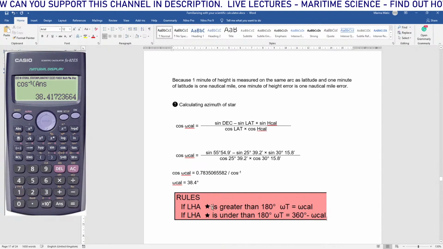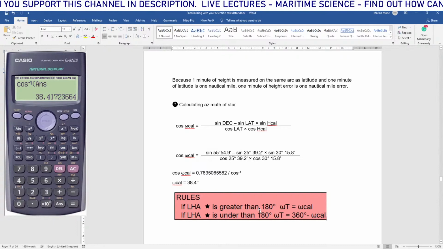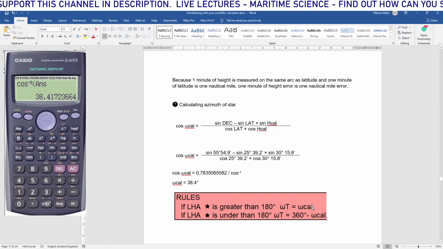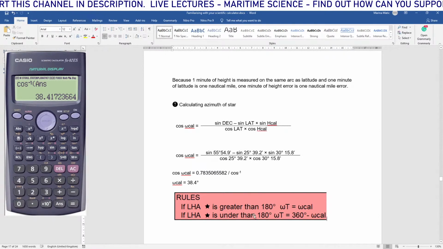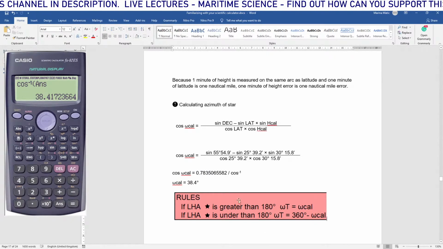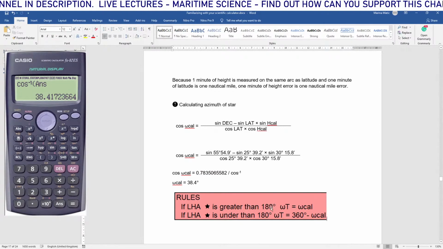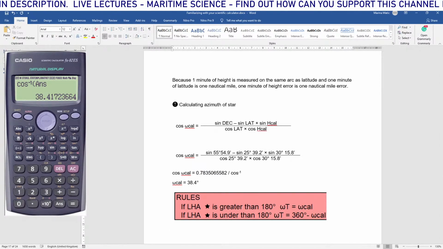So if LHA of the star is greater than 180 degrees, then azimuth true is equal to azimuth calculated. But if LHA of the star is under 180 degrees, then we need to get azimuth true by subtracting calculated from 360.